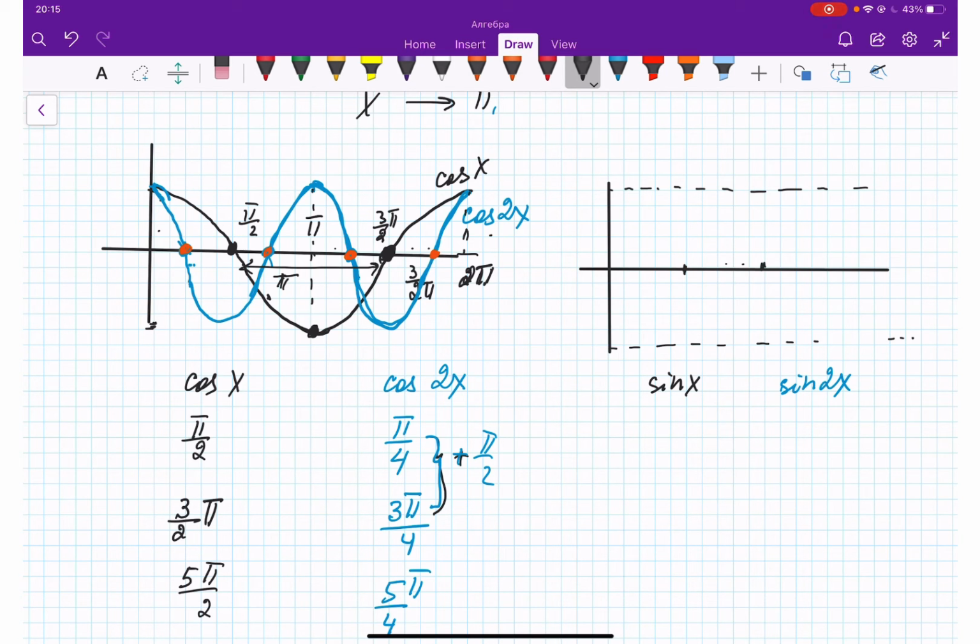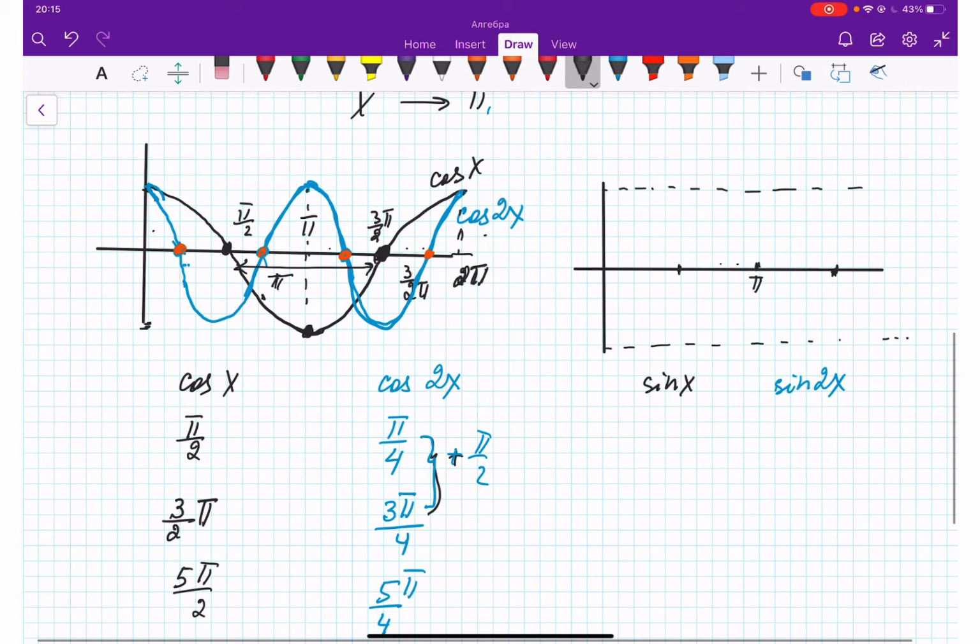This is going to be pi. 1, 2, 3, 4, 5. This is going to be our 3 over 2 pi. And then 1, 2, 3, 4, 5. Here we get 2 pi.